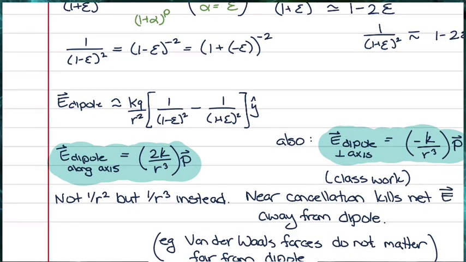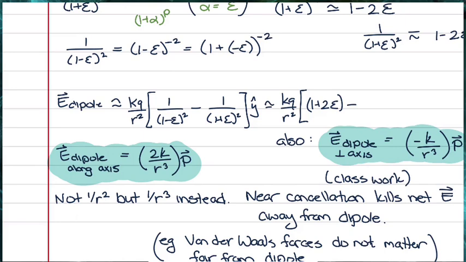So now this is going to be approximately kq over r squared, and then 1 minus epsilon squared. I've conveniently just erased it, but we just said that that was the same thing as 1 plus 2 epsilon, and minus, and I'll highlight some things there.